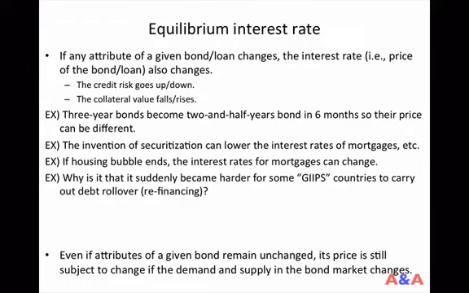Why is it that it suddenly became harder for some GIIPS countries, Greece, Ireland, Italy, Portugal, and Spain, to carry out debt rollover or refinancing? All over the world, governments issue new bonds every month. And every month, some bonds that they issued 10 years ago or 20 years ago mature, so they have to repay these old bonds.